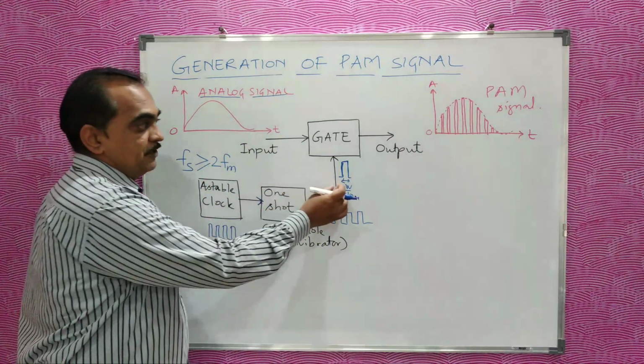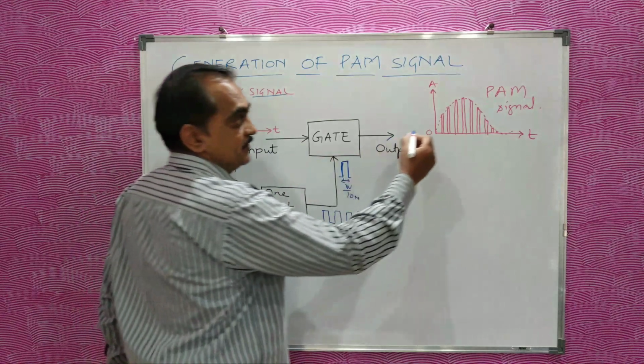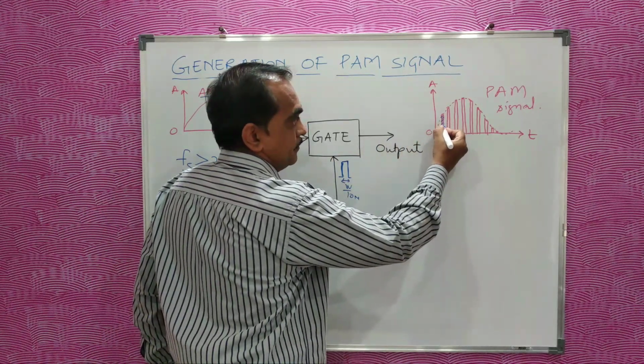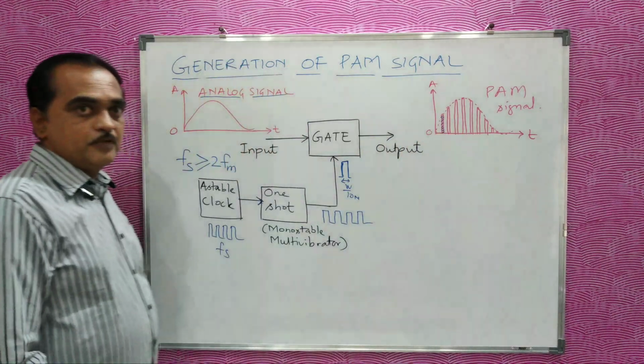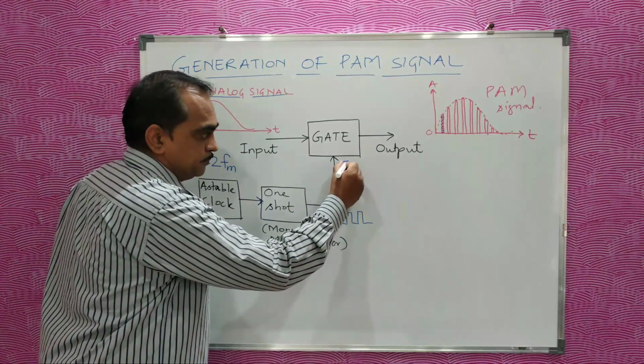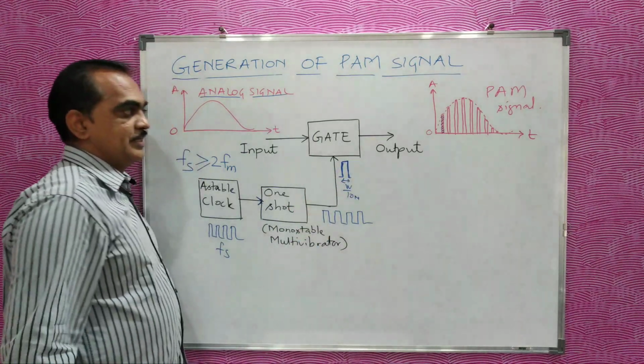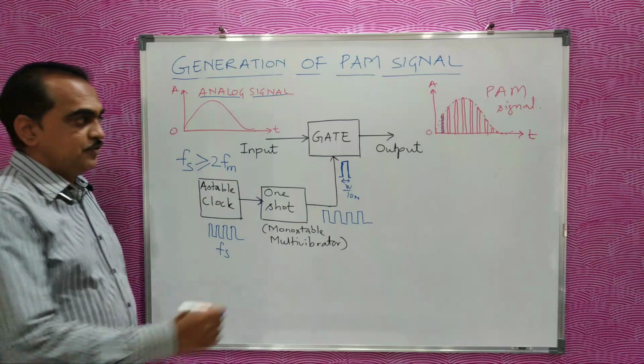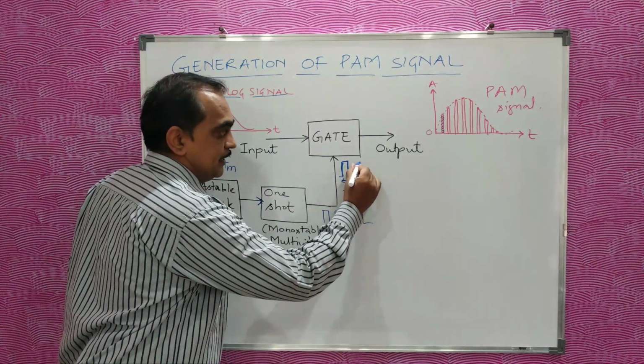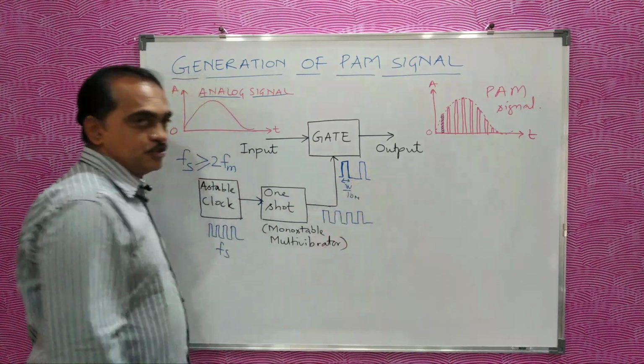Say for example, the first time the gate is open, the first sample is passed. Whenever the falling edge comes, that time the gate is closed, till the next pulse comes into picture.